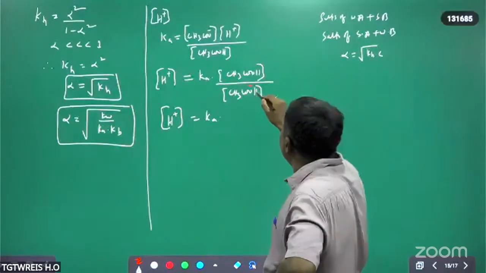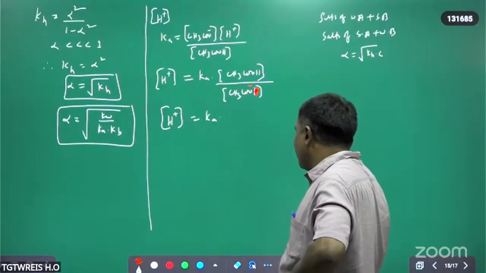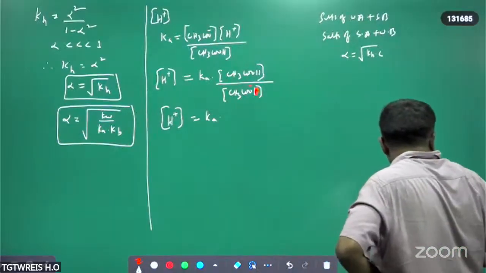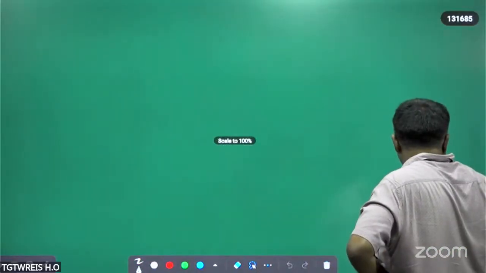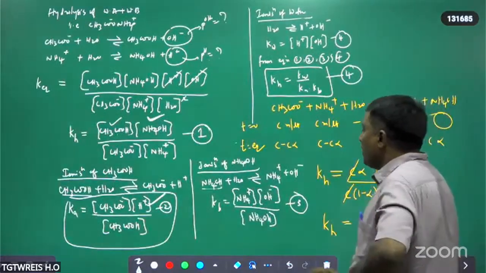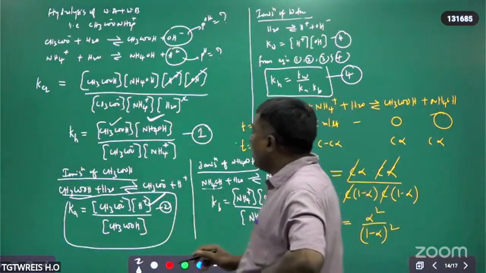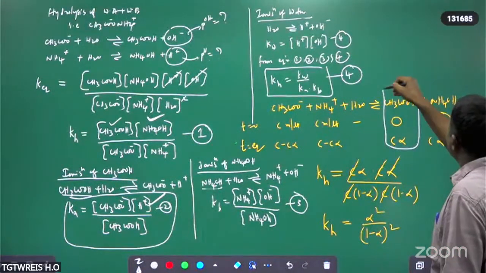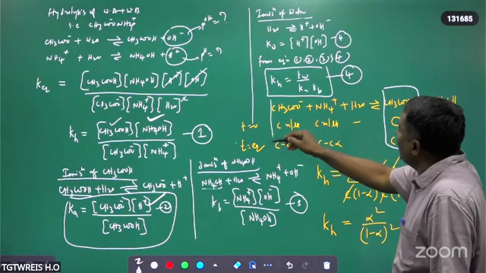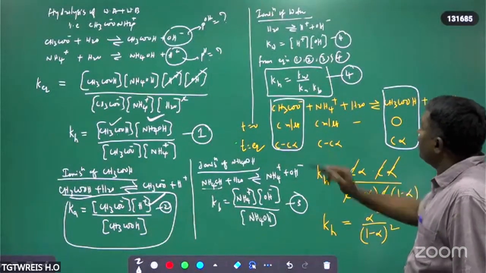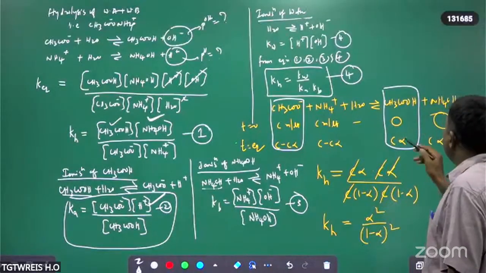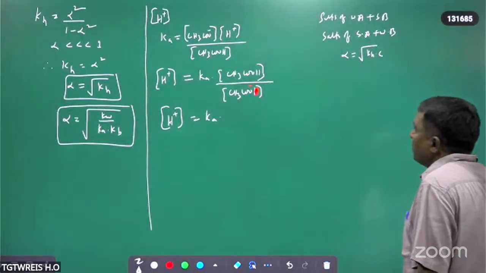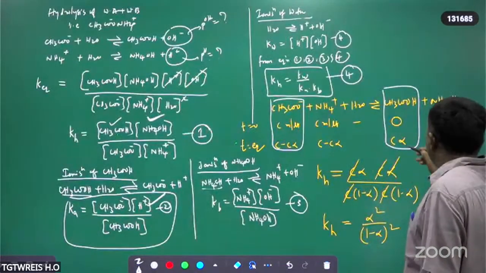Acetate anion is C minus C alpha and acetic acid is C alpha.